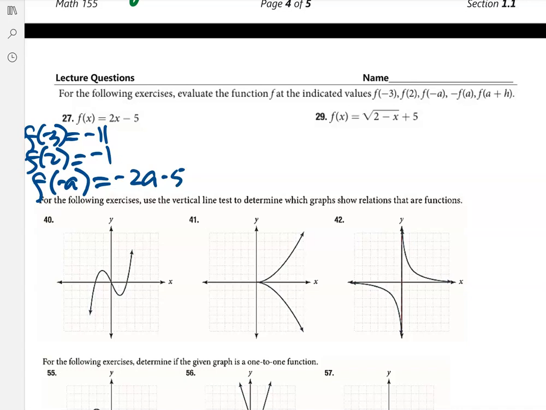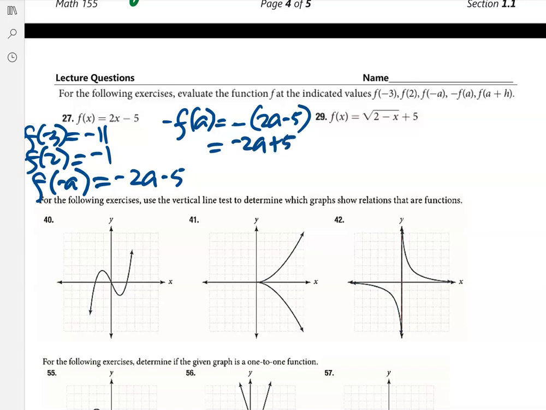And then negative f of a is equal to negative of f of a, so that is 2a minus 5, so negative 2a plus 5.